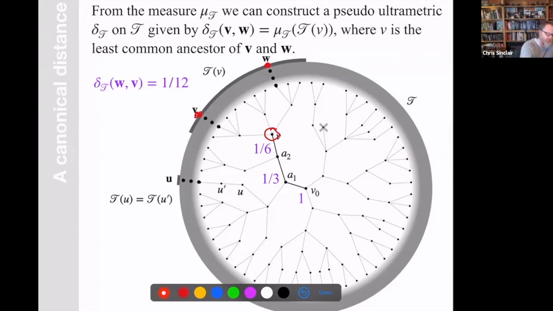So in particular, if I pick some point over here and some point over here, following the tree back, I see that those two things have a distance 1 from each other.